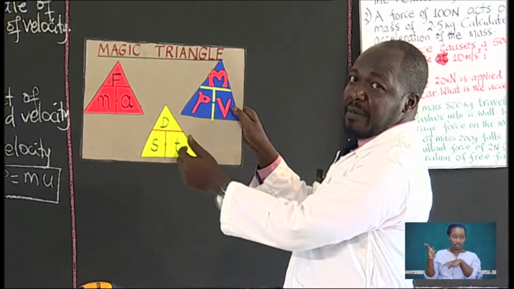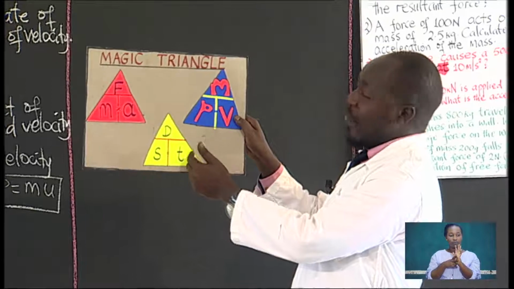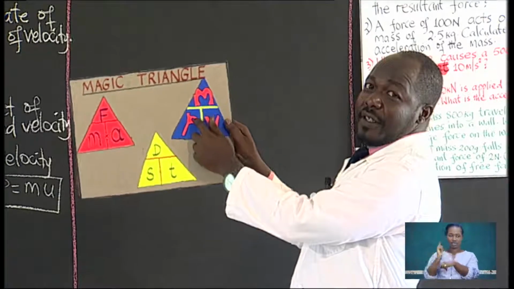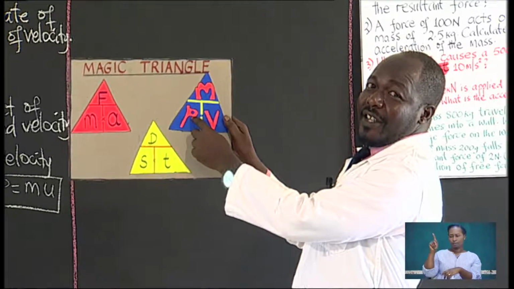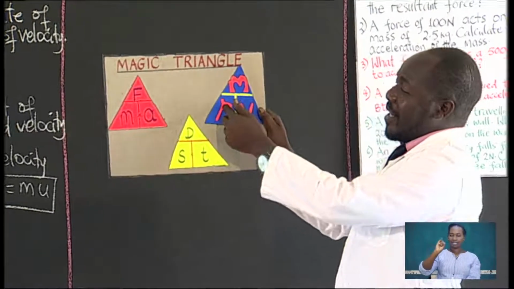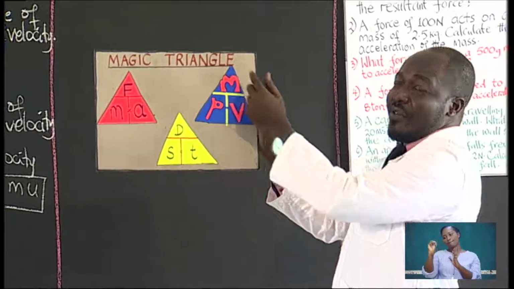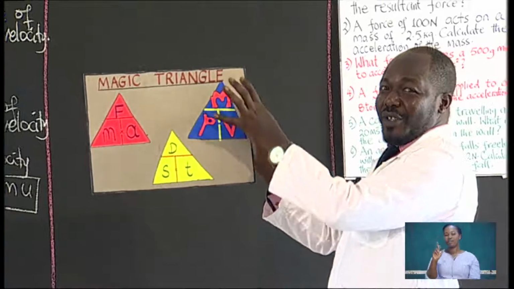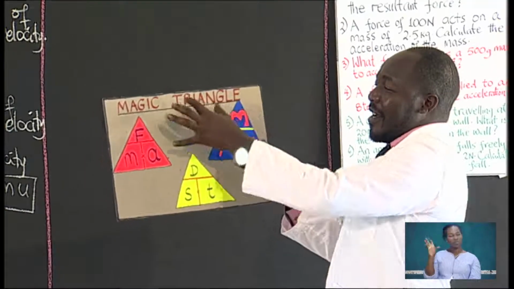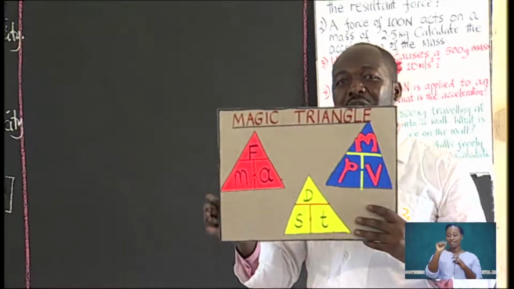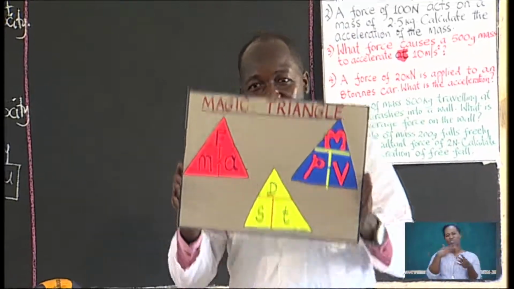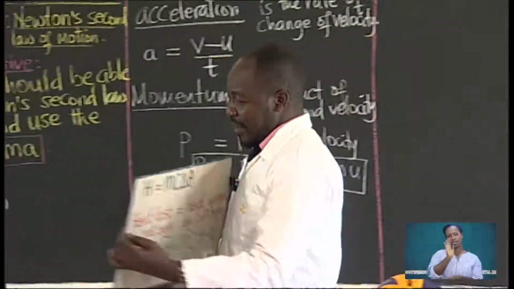Distance is speed times time. Do you remember that? This is density, the symbol for density, rho. So density is mass over volume. It's not the topic we are looking at today, but a magic triangle is a beautiful way for you to remember your formula. So keep that in mind.